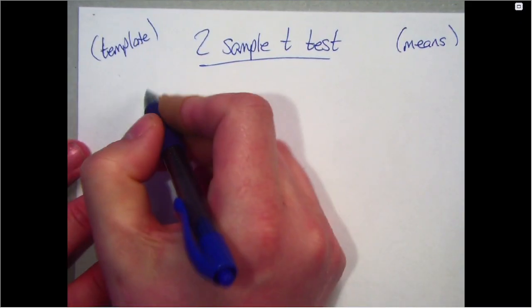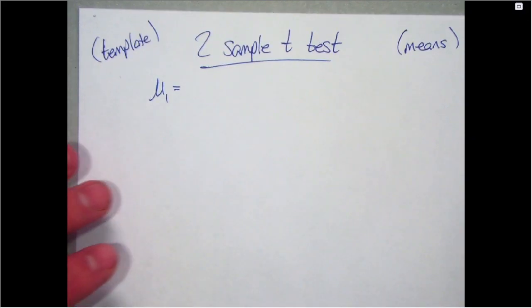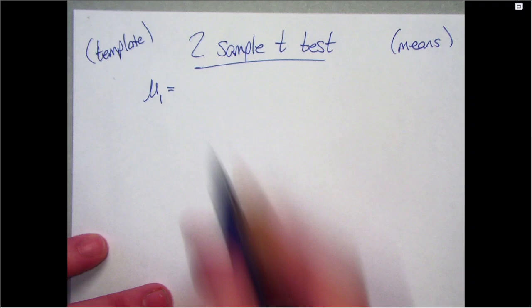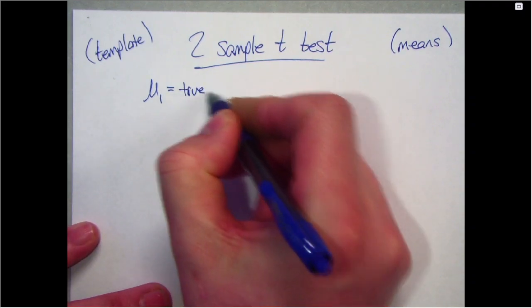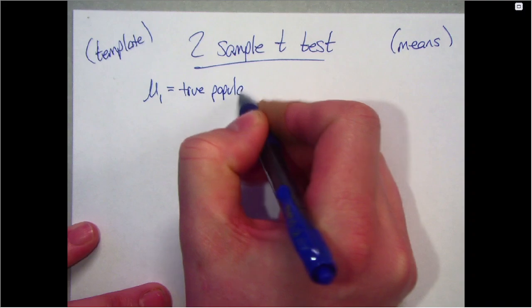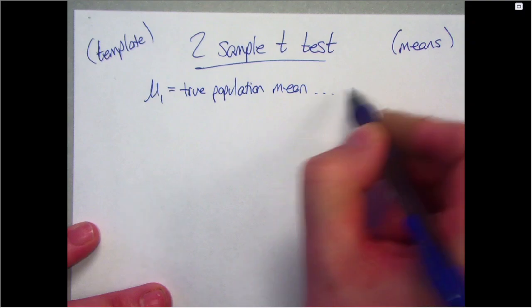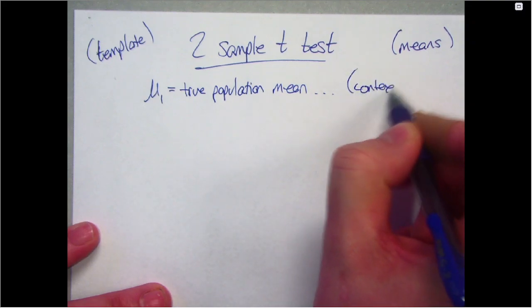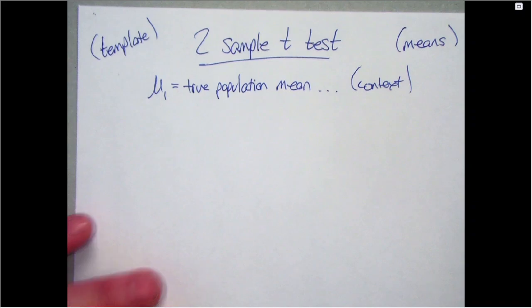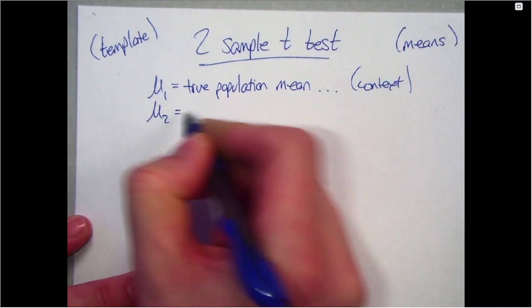So you'd start off by saying mu1 or mu-a or whatever is the true population mean, and whatever the context is. Same for mu2.